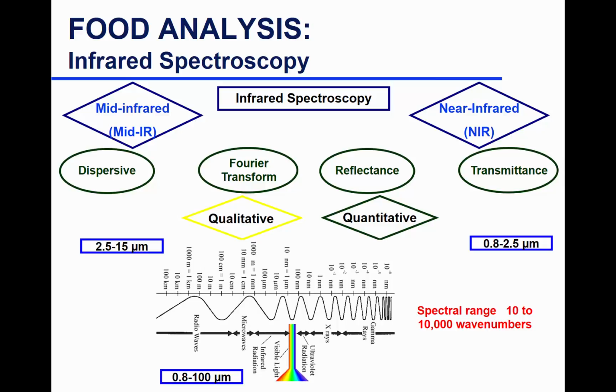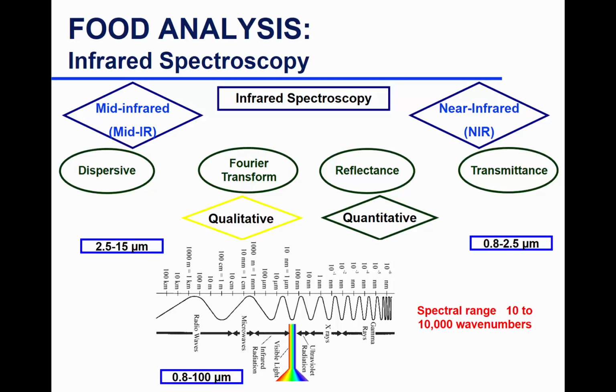The near-IR is closer to the red, right here, 0.8 to 2.5 micrometers. Notice now the unit is not in nanometers, it's in micrometers, it's larger. And then you have the mid-IR, which is a little bit longer. We are not interested in far IR. So it is the mid-IR and near-IR regions that we're interested in.